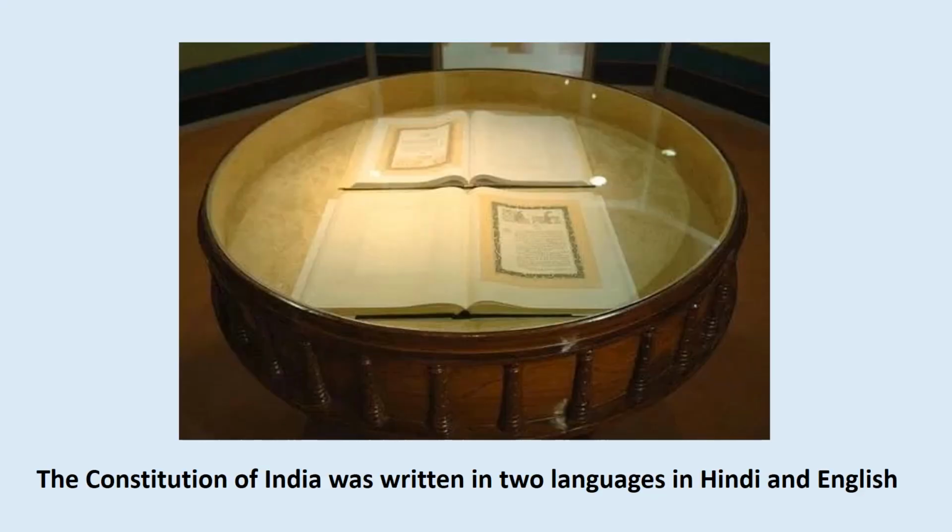The Constitution of India was written in two languages, in Hindi and in English. India has only one constitution, it has only one book, but it was written in two languages, in Hindi and in English.